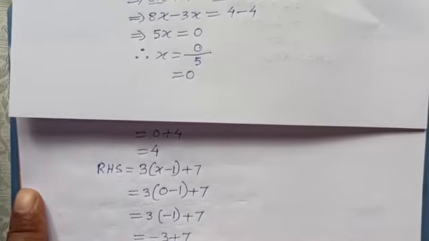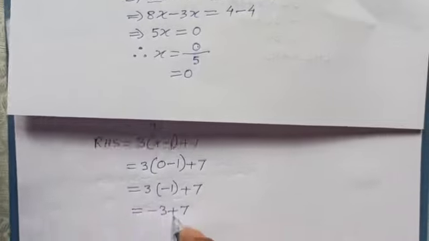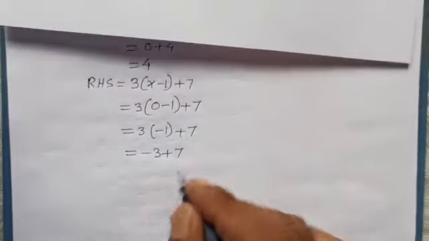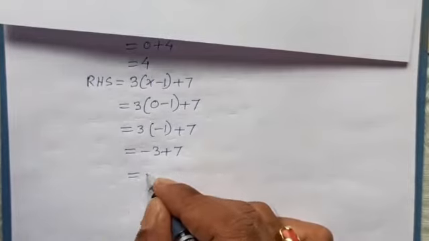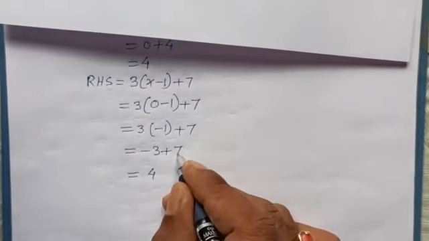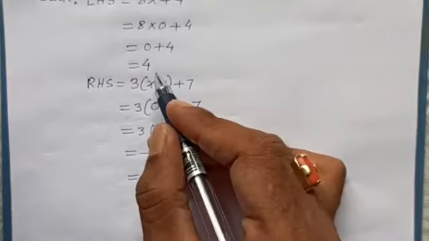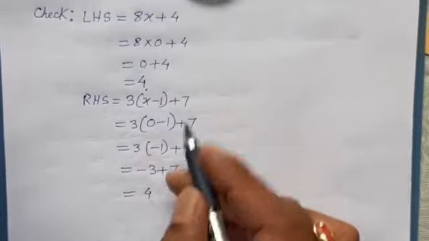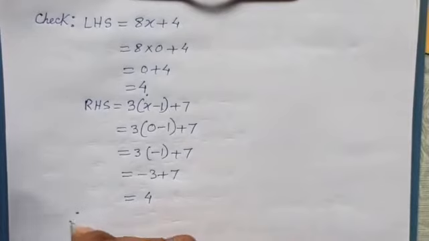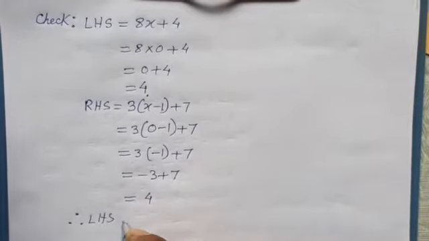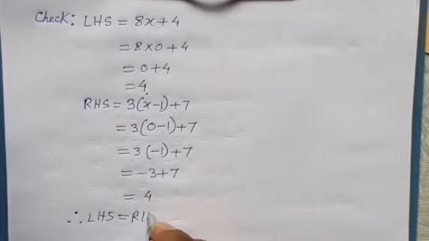Minus 3 is minus, 7 is plus. The signs are different, so if we subtract, then we are getting 4. Since 7 is bigger, we have to take the plus sign. The plus sign is no need to keep. Now, left hand side is also 4, right hand side is also 4. They are equal. Therefore, left hand side is equal to right hand side.